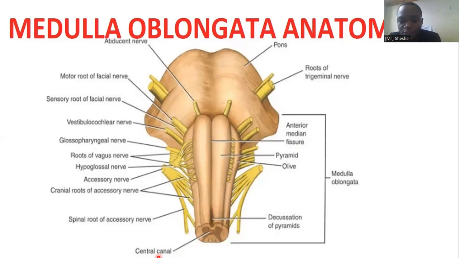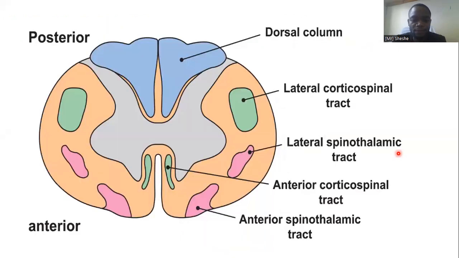That's why you see in most cases, patients with stroke, cerebrovascular accident, when there's damage to the left side of the brain, you see the effect, especially in motor function, on the left side of the body because of this decussation. What you are seeing here are now cranial nerves, which we'll discuss soon.